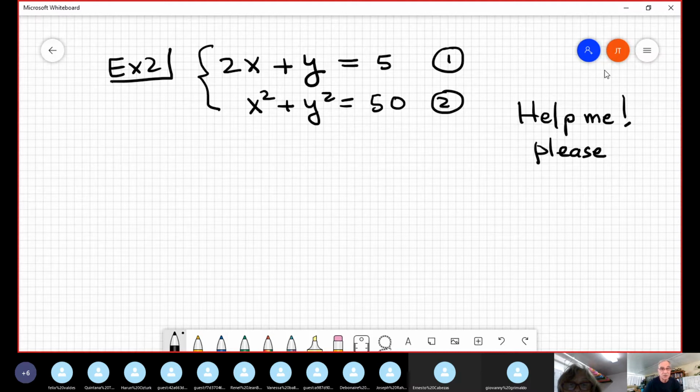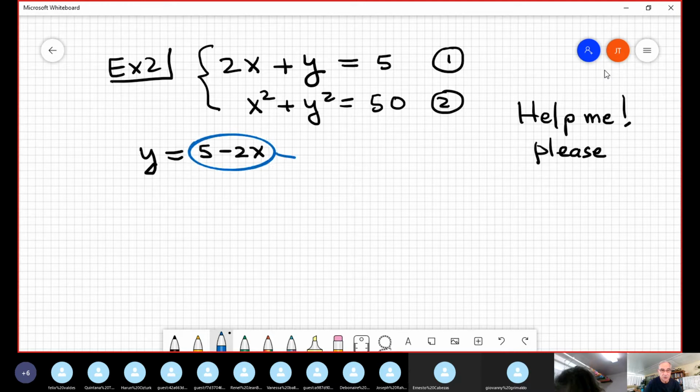So it's super easy. Isolate y in the first equation: it's 5 minus 2x. And substitute this expression in the place of y in the other equation. And we have x squared plus (5 minus 2x) squared equals 50.